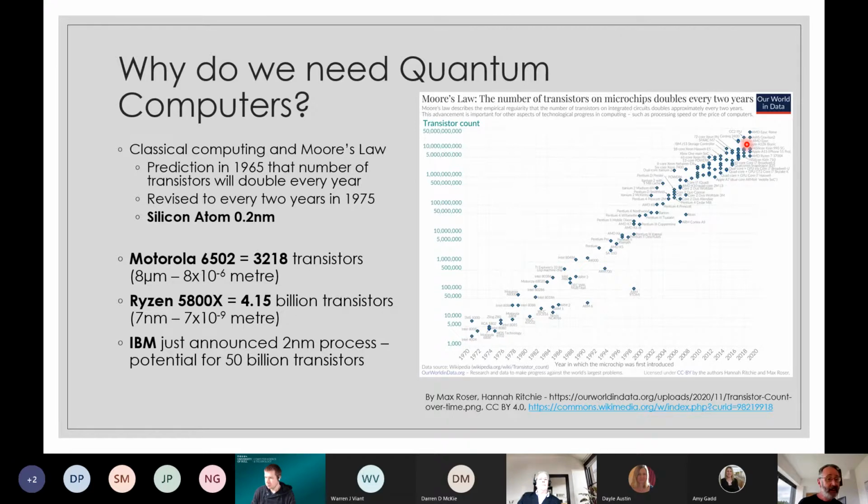As a comparison of what that means, when I was at university back in the 1970s, early 80s, being kind to myself, I bought my first microcomputer, an Acorn Atom, that had a 6502 running at 1 megahertz in it.